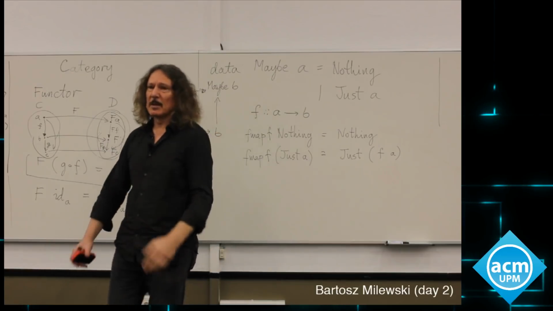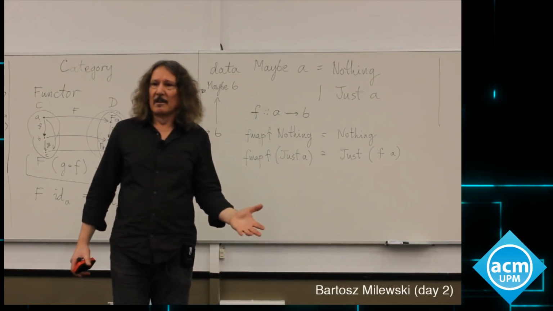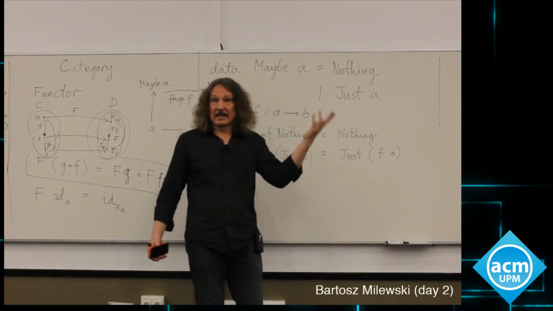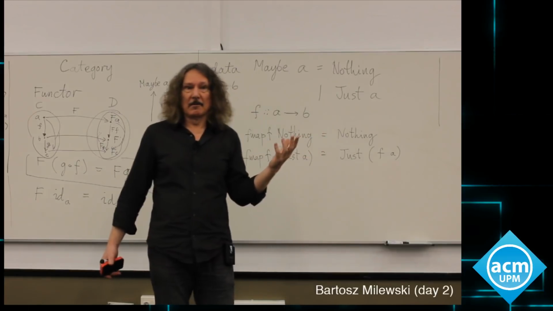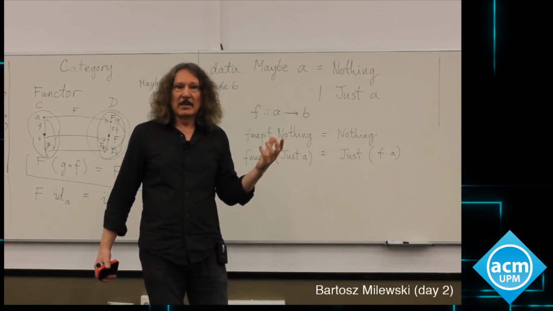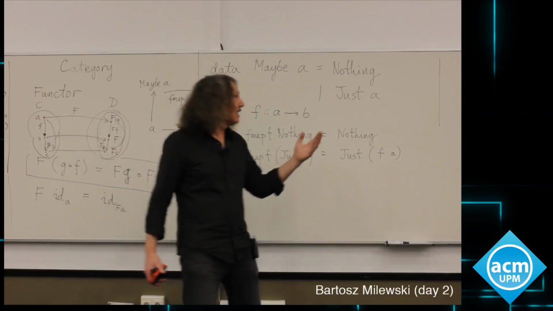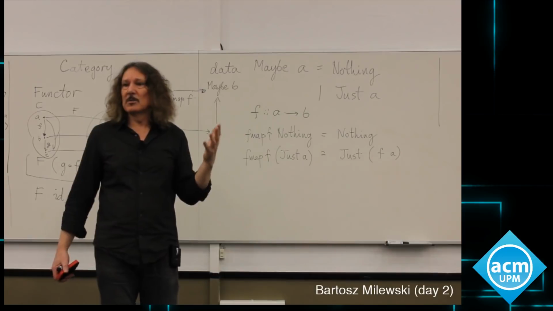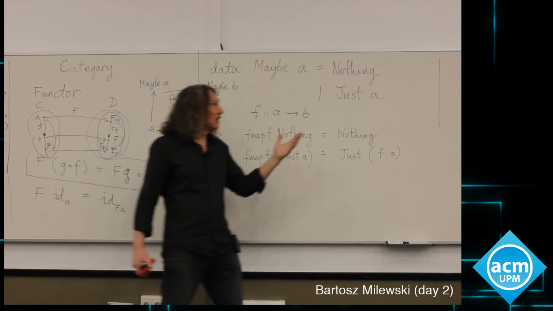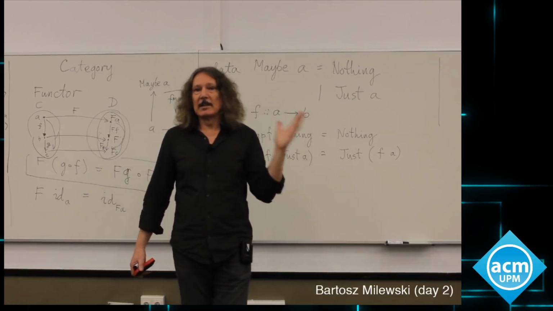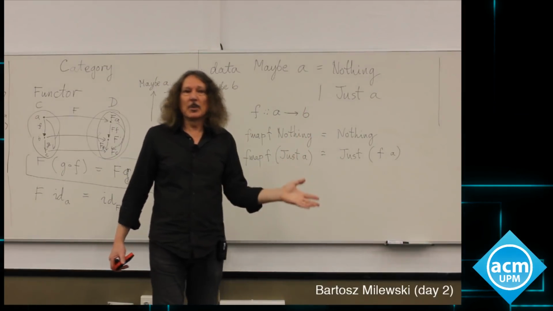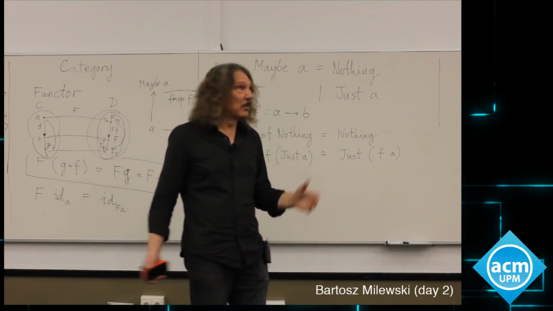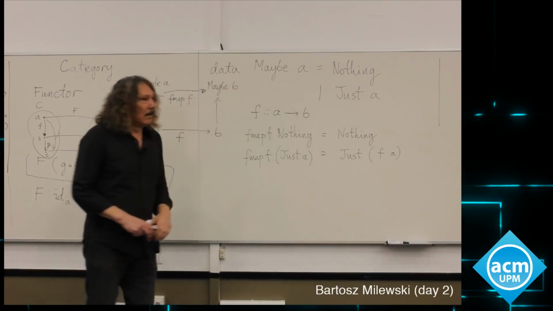It's a container that may contain nothing, so it's empty, or it just contains a single value of type A. But it's a universal container. A is here a universal thing. It can be an integer. It could be a Boolean. It could even be another Maybe. It could be a list. It could be a function. Whatever you put into it is okay. So this is a polymorphic type.